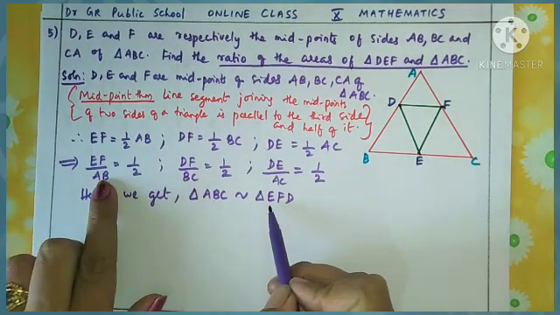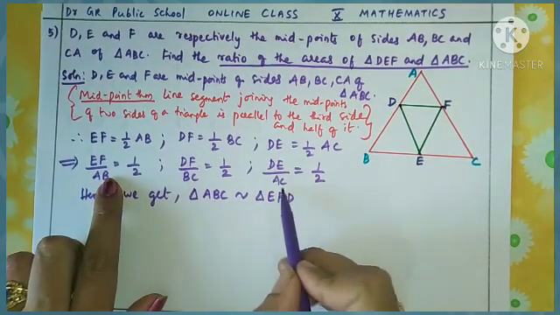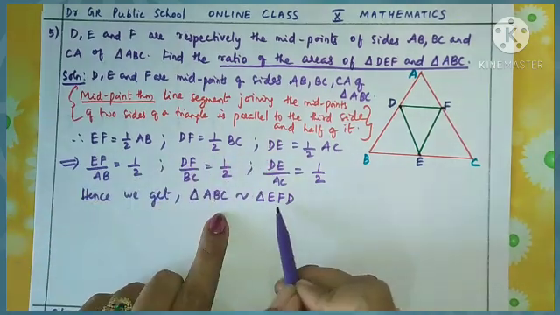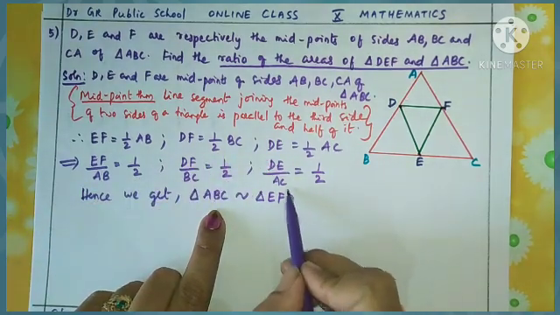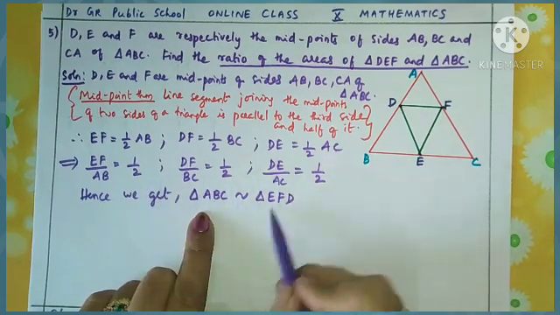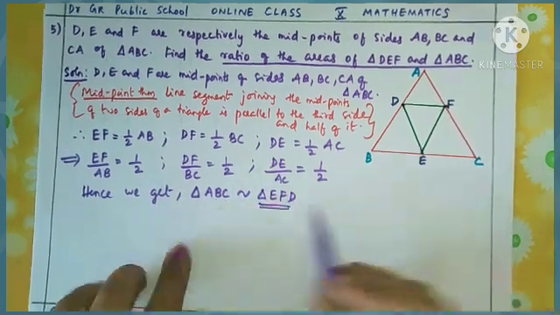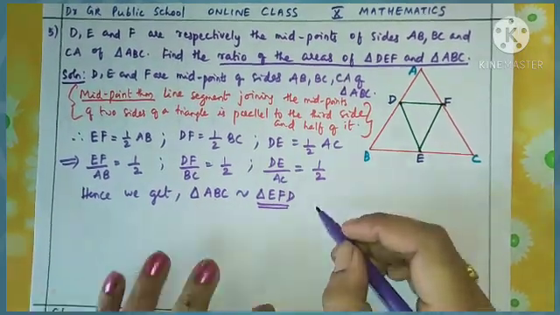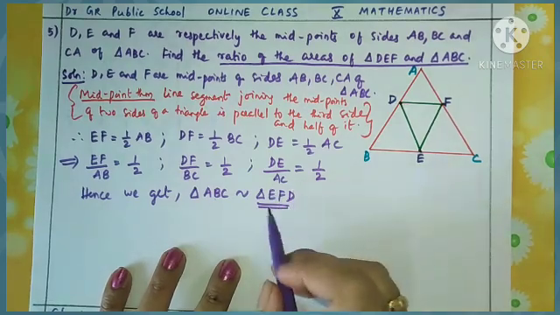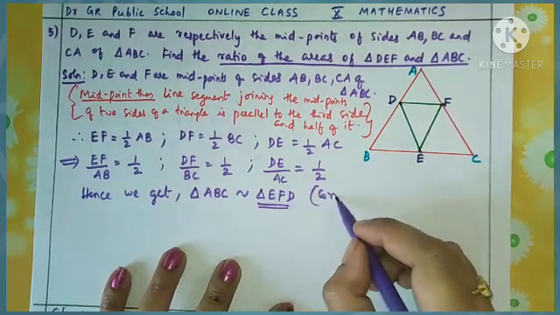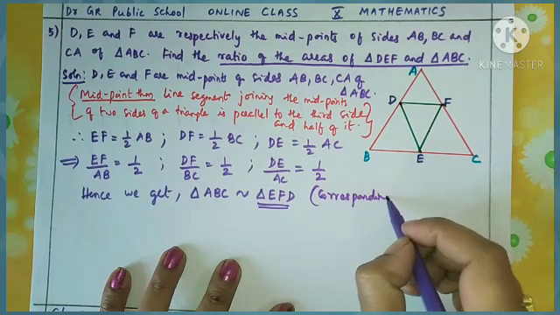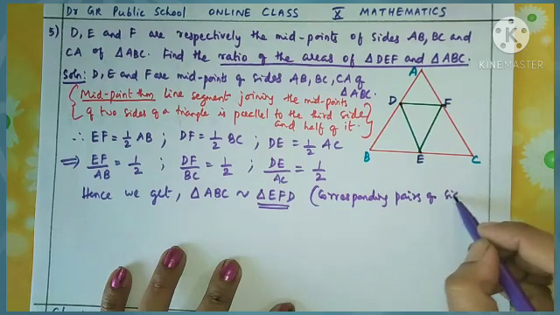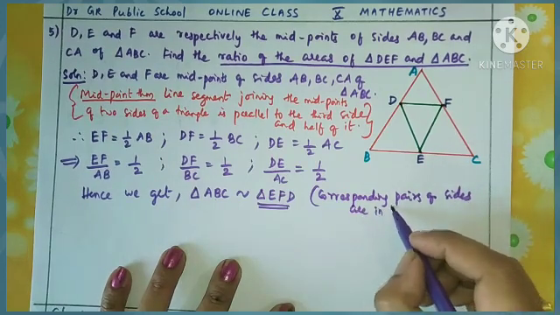AB corresponds to EF and BC corresponds to DF, and DE corresponds to AC, so the name will come true. So we proved these two triangles are similar. So after finding this, corresponding pairs of sides are in the same ratio.